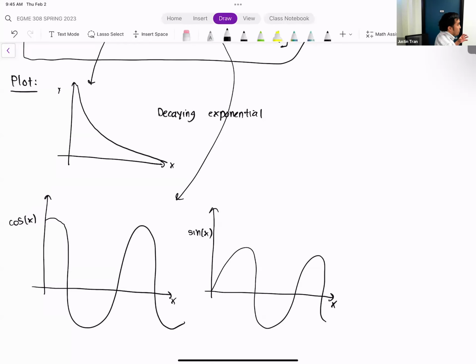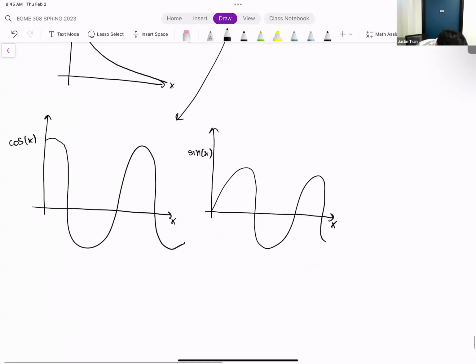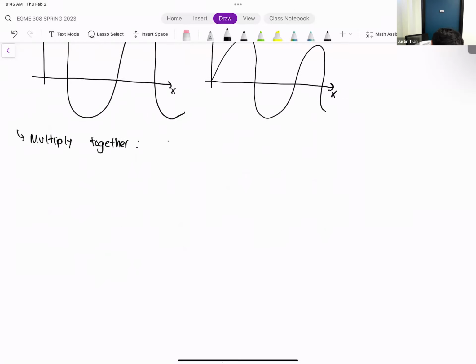All right. So what happens when you multiply these together? When you multiply a decaying exponential by a sinusoid, the decaying exponential will modulate the magnitude of the sine or cosine. And so what you're going to have is an oscillating function with a decaying magnitude. And so the plot looks like this.